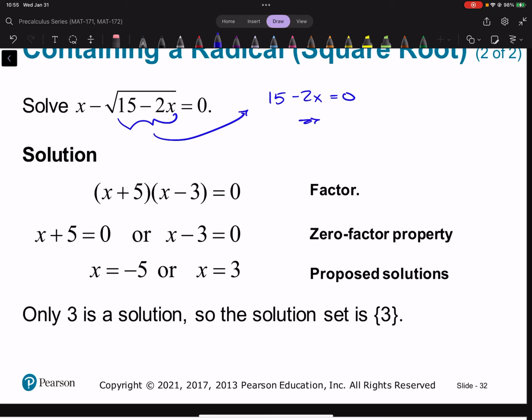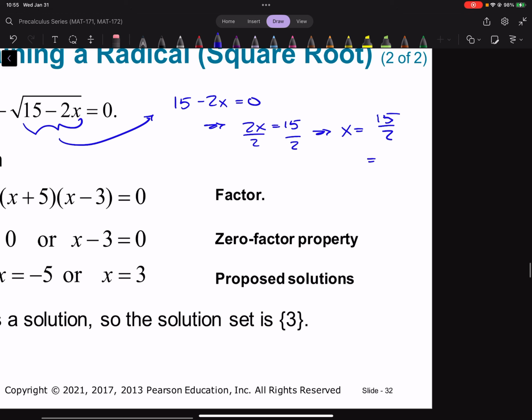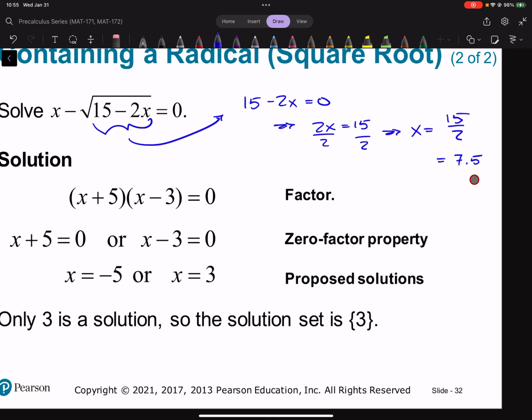So 2x equals 15. So x equals 15 over 2 is a boundary point for us there. This will be 7.5.